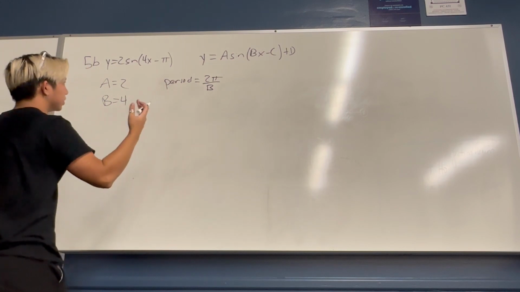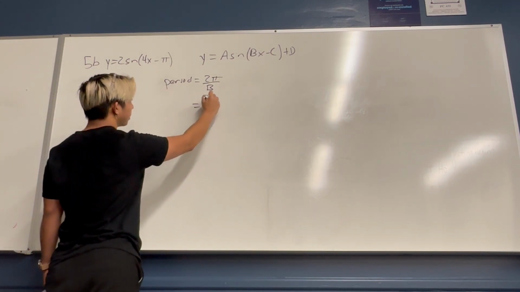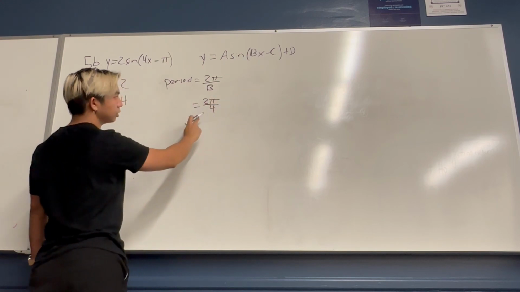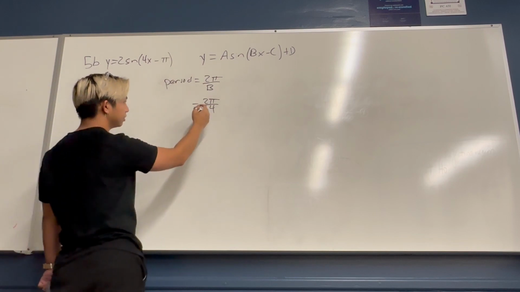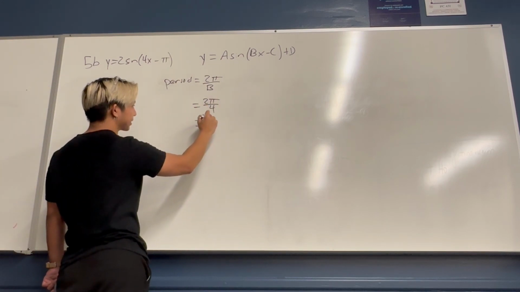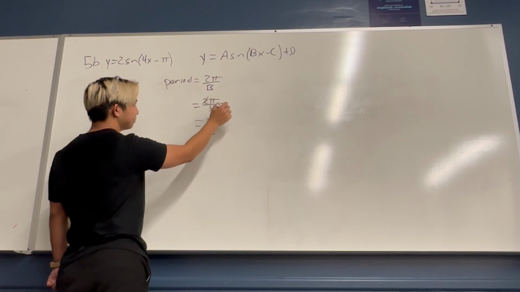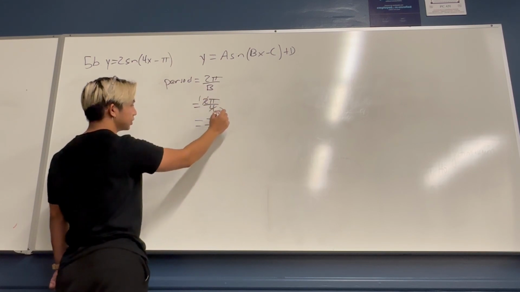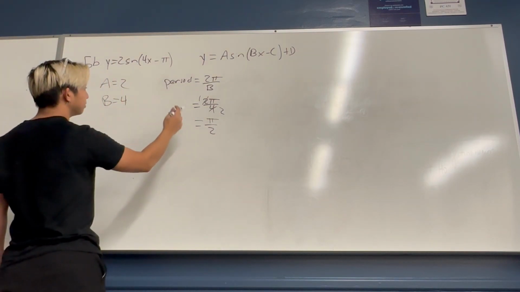So here our b is 4. I'm just going to go ahead and plug that in. So it's 2 pi over 4. These kind of simplify. This becomes pi over 2 because we just divide both by 2. So this becomes 1 and this is 2. So just pi over 2. So our period is pi over 2.